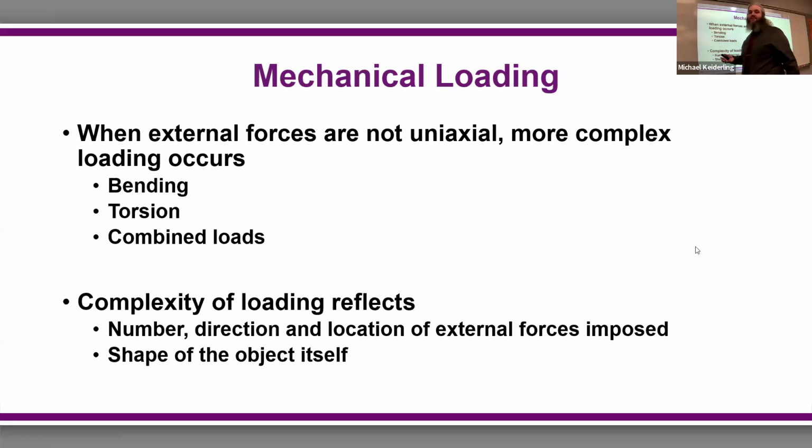And the complexity of the loading reflects the number, direction, and location of the external forces and the shape of the object itself. So the shape of various objects affects how they get loaded.